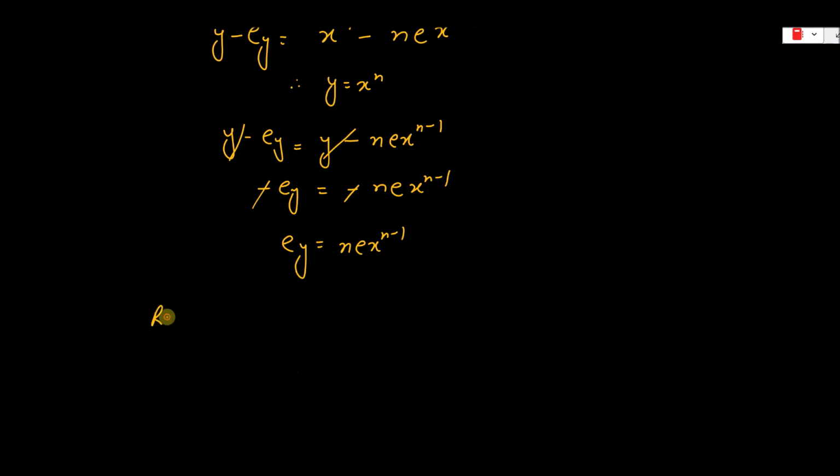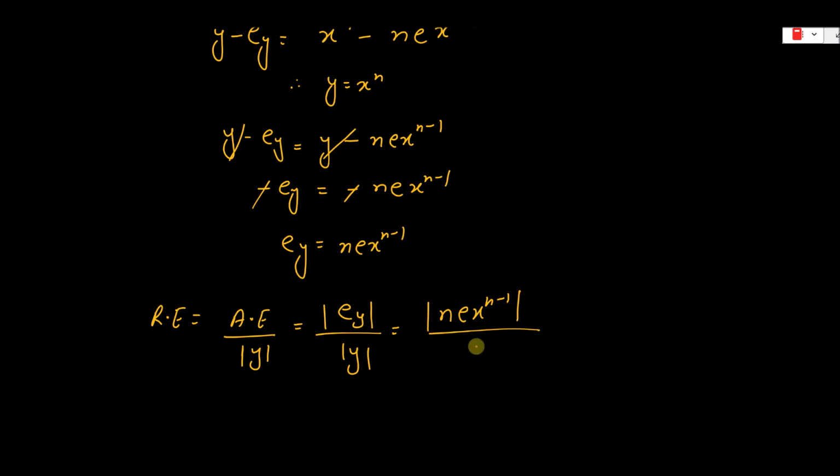After that we have the relative error, which is equal to absolute error over y. For the absolute error we have ey over y. For that case we have ne x^(n minus 1) over x^n, because the value of y is x^n, we already know it, right? So after that we have x^n and x^n, and that should be cancelled out.